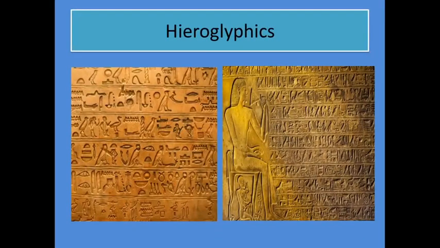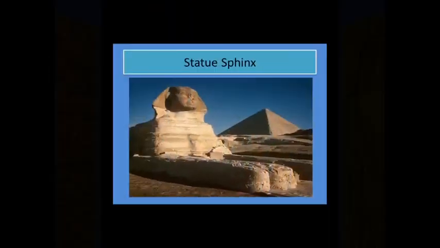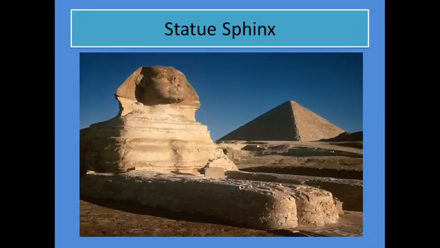The hieroglyphics, that is the sacred writings which they have written. This is the script of the Egyptians. You can see the statue. It is the Sphinx, which has the body of a lion and the head of a man.